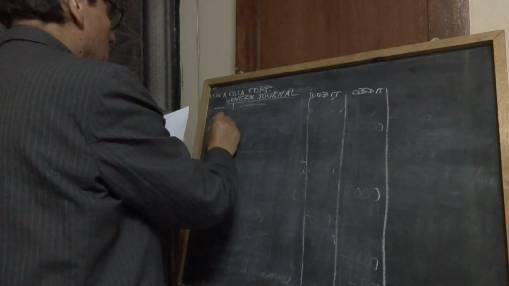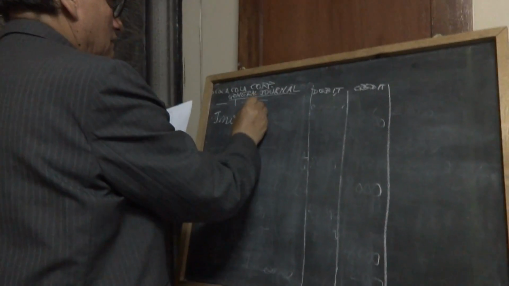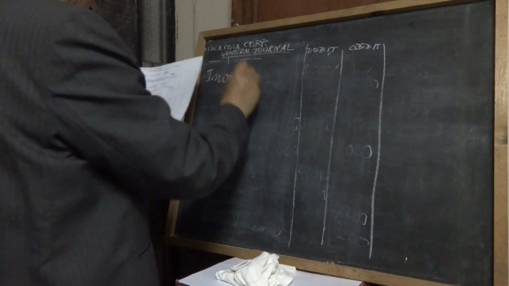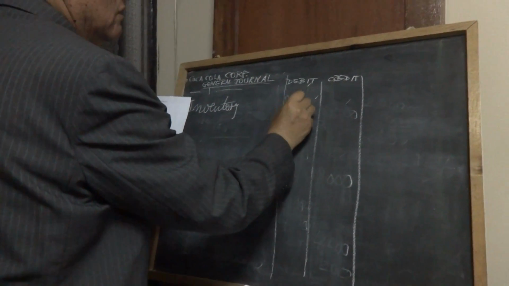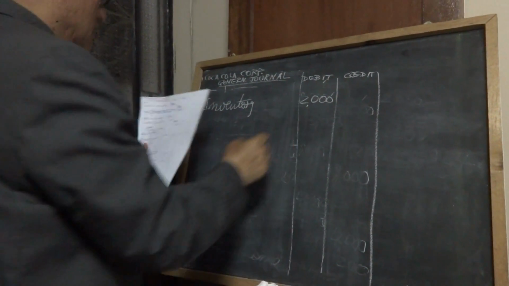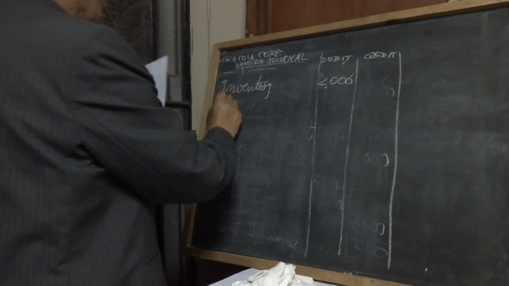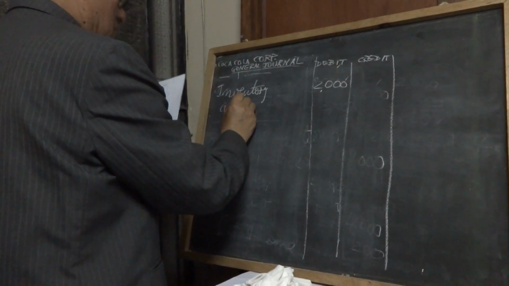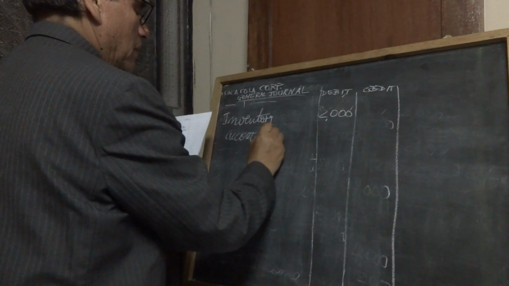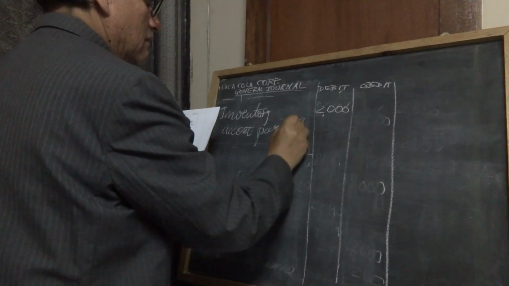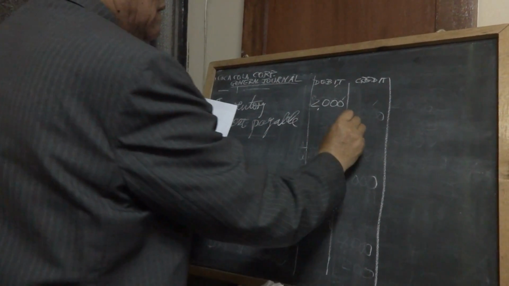Inventory for $2,000 on debit, and the accounts payable for $2,000.